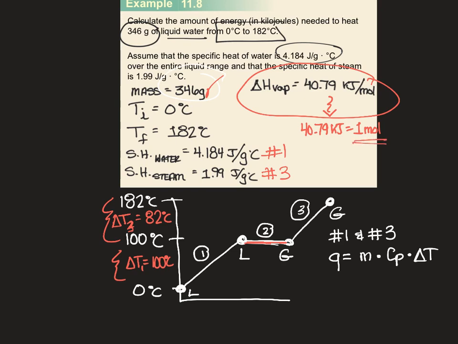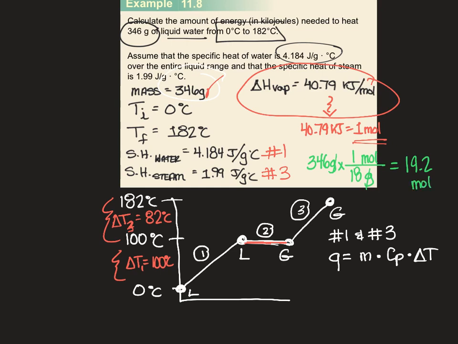So wherever you want to do it, 346 grams, I have to convert from grams into moles. What's the molar mass of water, you guys? 18. Thank you. 18. So grams on bottom so that it cancels. 346 divided by 18, I've got 19.2 moles of water.